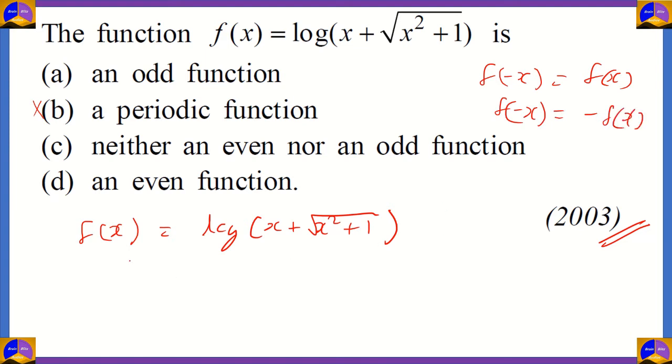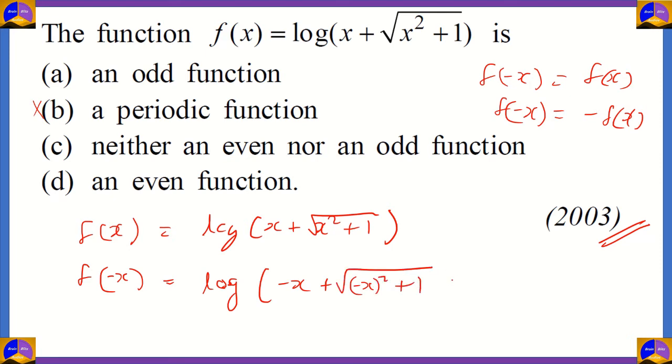So let's put in the value of minus x for this function. So f of minus x can be written as log of minus x plus the root of minus x the whole square plus 1.